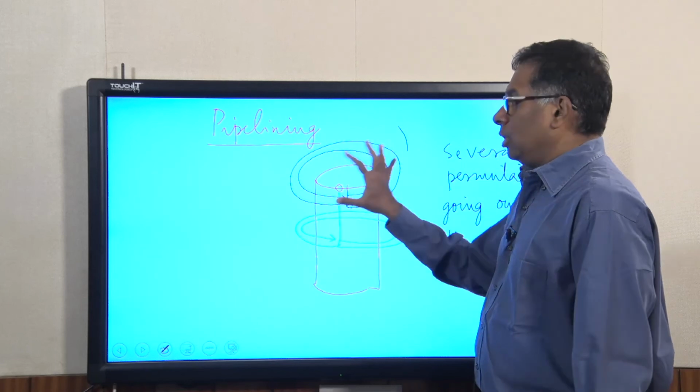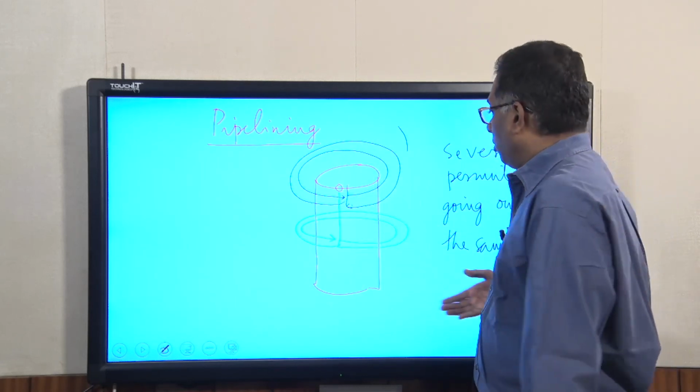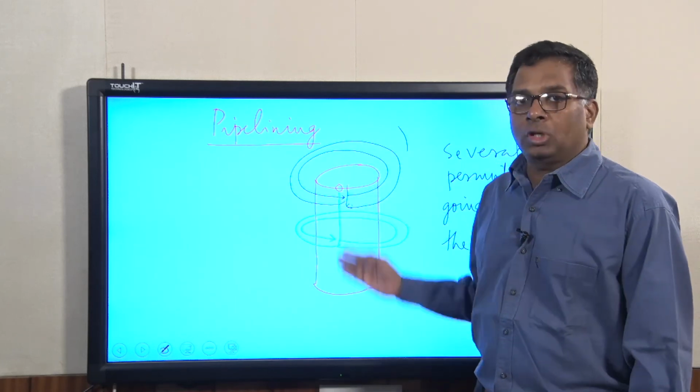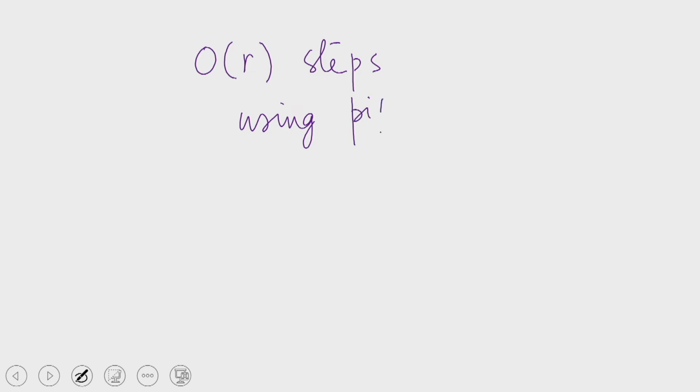So, when 2 revolutions are complete, we would have achieved the permutation of every single column. So, in order of r steps, using pipelining as I explained just now, all permutations can be executed.